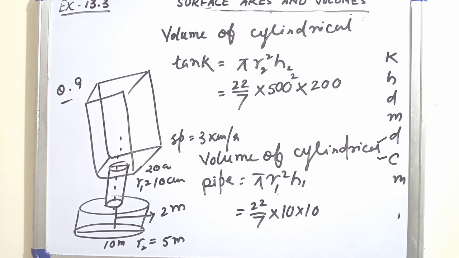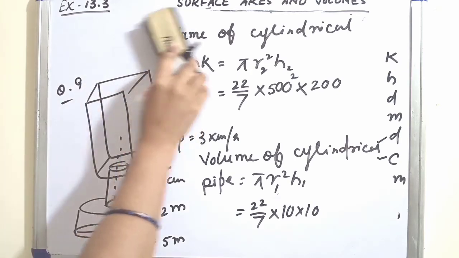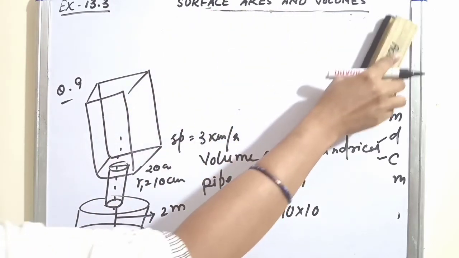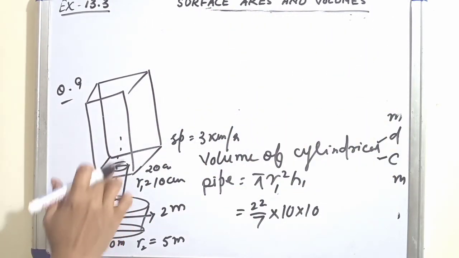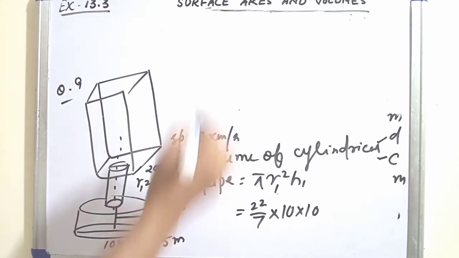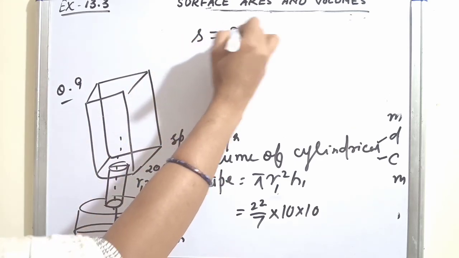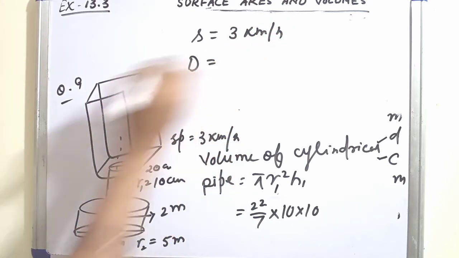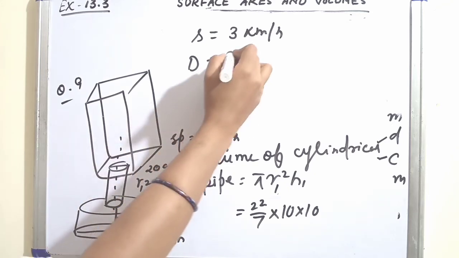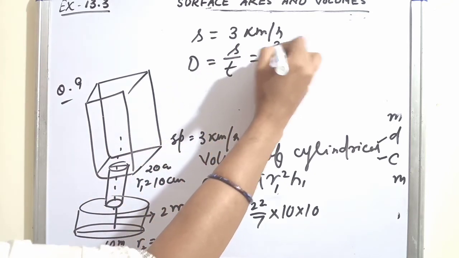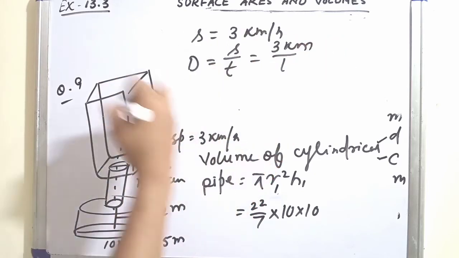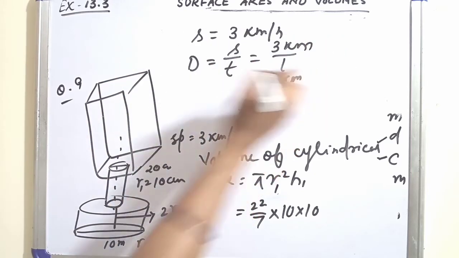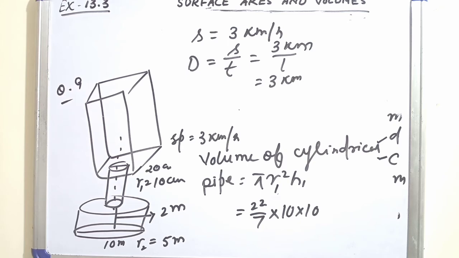But what's the height? So here height means distance. How much distance? It is given that speed is equal to 3 km per hour, so distance is equal to speed into time. That means 3 km per 1 hour, that means 3 km. So distance is equal to 3 km. That means that's the height.